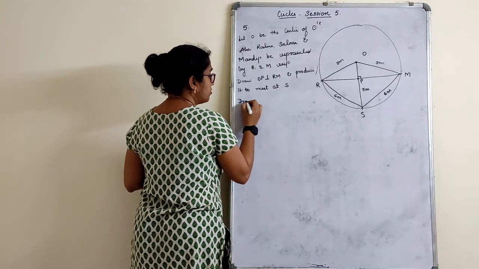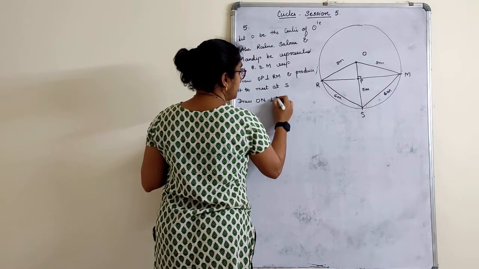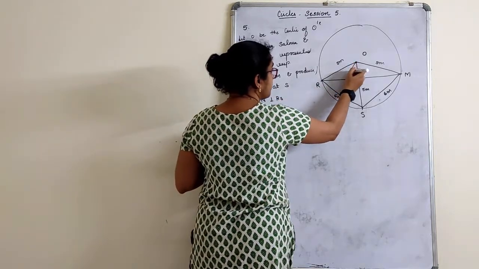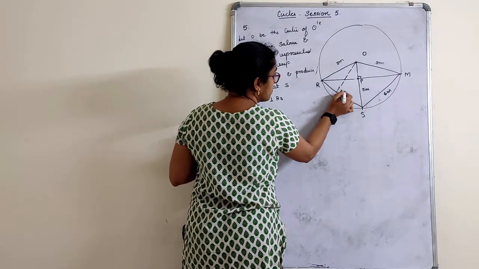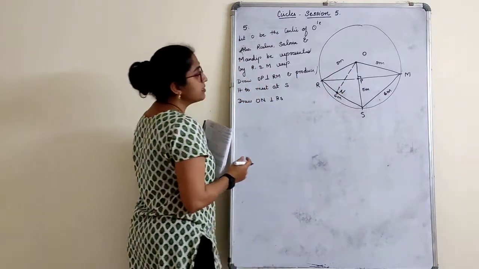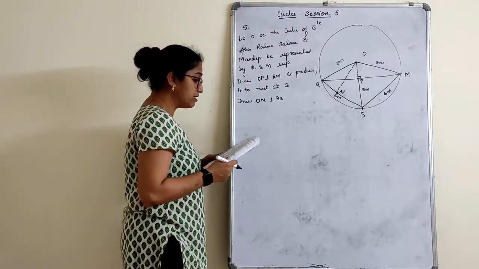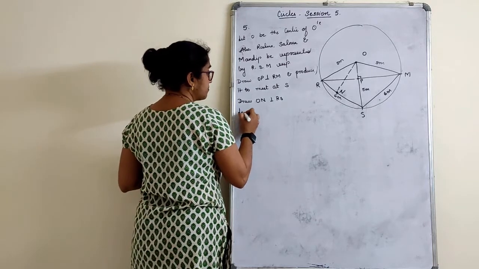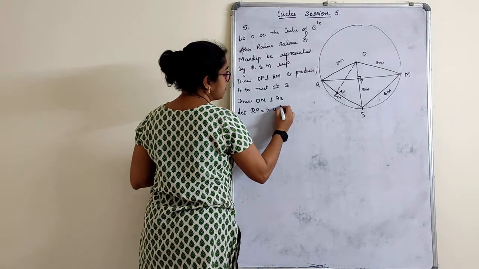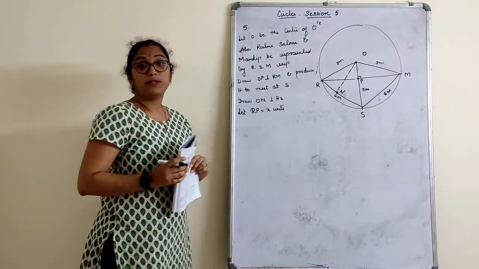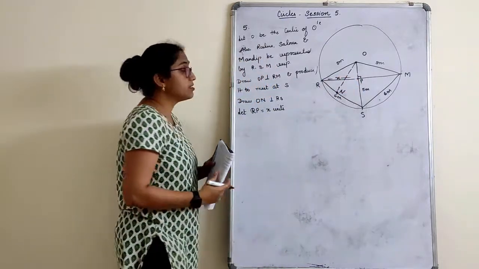Again, draw ON perpendicular to RS. ON is a perpendicular bisector of RS, what we can consider here. This much is clear. Let RP be equal to X units. This much we will keep. This is X units. Is this very clear?